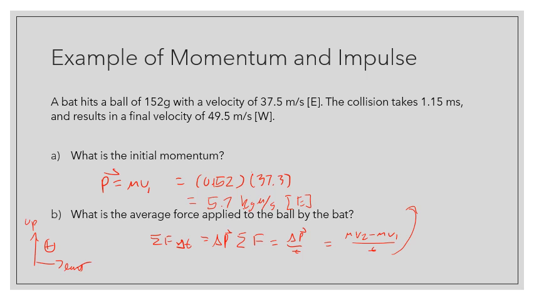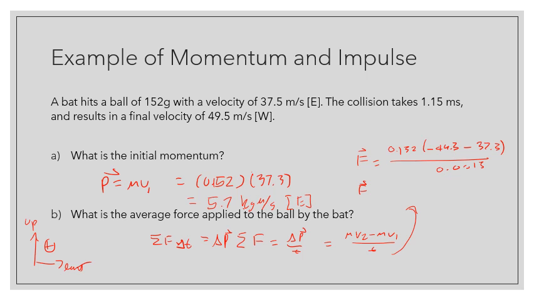So if we factor out the m, you get 0.152 times negative 49.5, opposite direction, minus 37.5, all over 0.00115, is equal to the force.